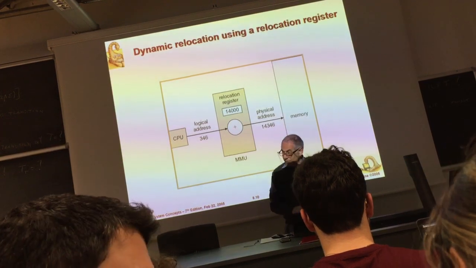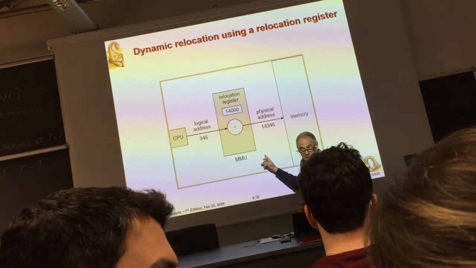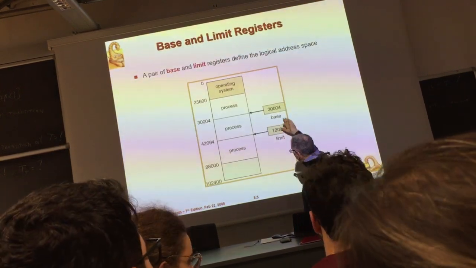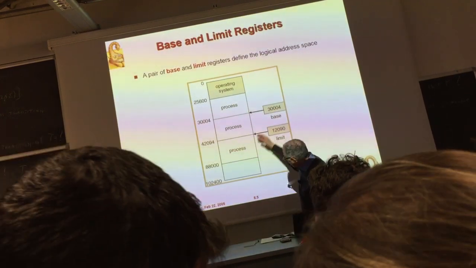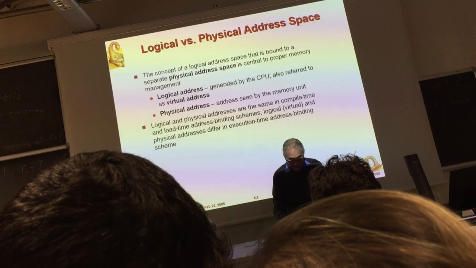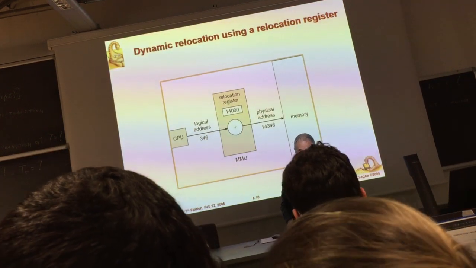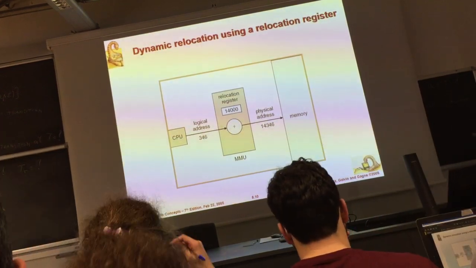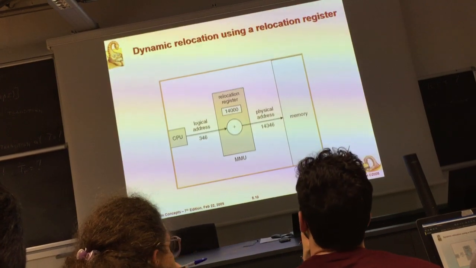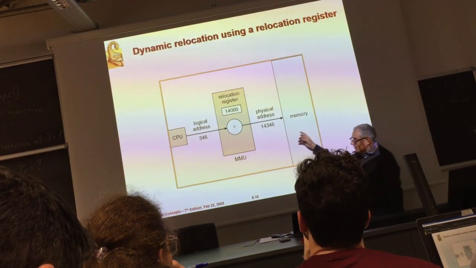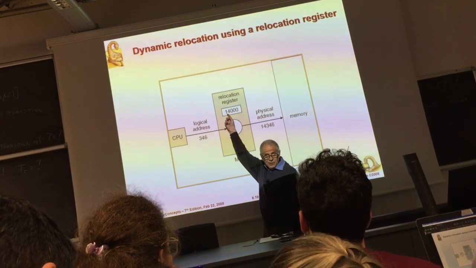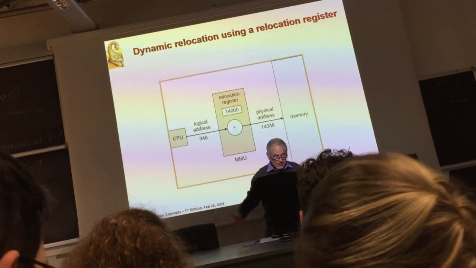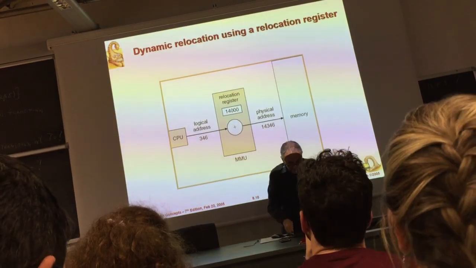Of course, we still need the limit register to avoid going out of the region. Checking the bound of this domain is easy, because every address that is negative, of course, is incorrect. And checking with the limit register is very easy with a comparator.